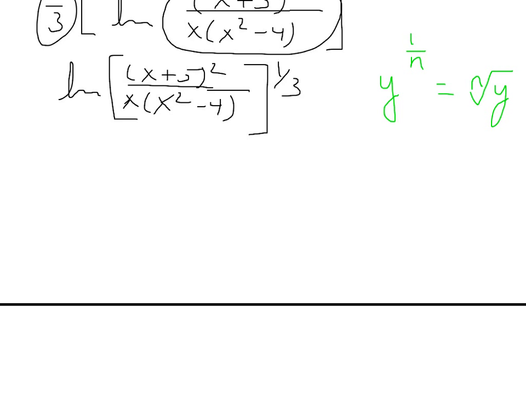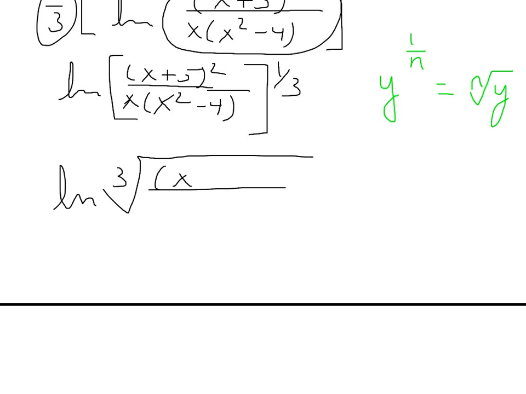We can take our log answer and finish it off by writing the natural log of the cube root of that big fraction. Natural log of the cube root of x plus 5 all squared over x times x squared minus 4. And that would be a final answer on our log problem.